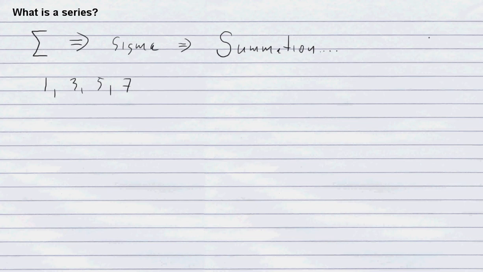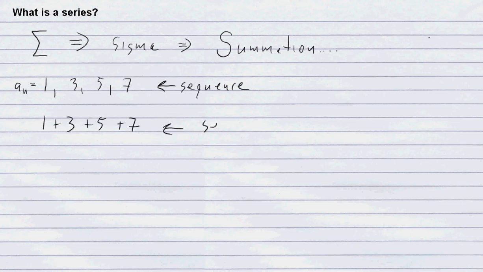So we're going to say a sub n is equal to 1, 3, 5, 7. That is a sequence, such as we've been working with. The corresponding series would be the sum of those 4 terms: 1 plus 3 plus 5 plus 7.